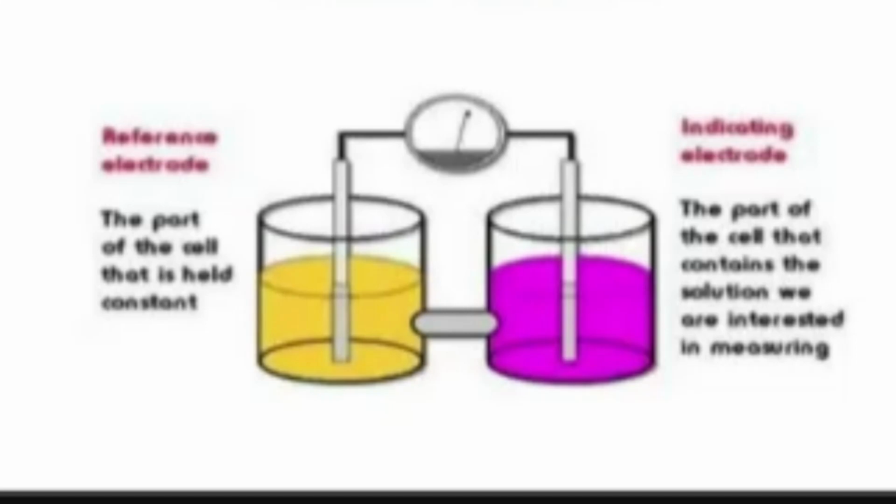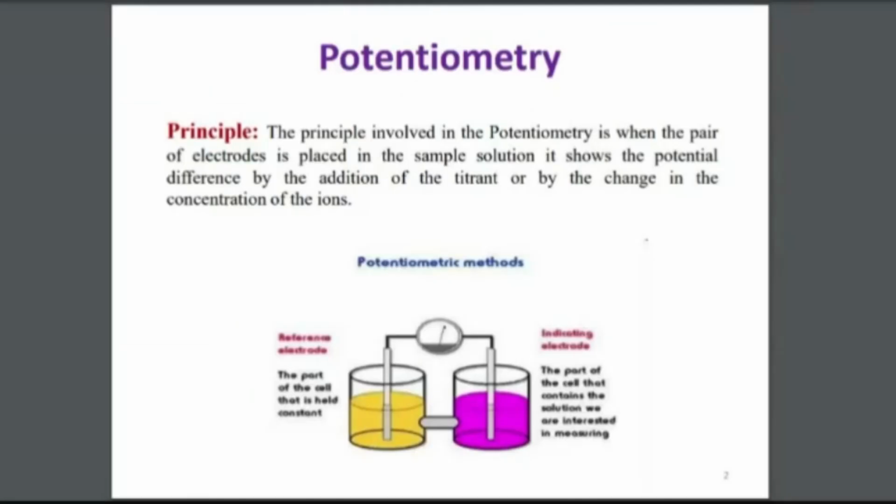Now, when we say potential, it has to be with reference to some other solution. So take a fixed standard solution. Against that solution, you measure its potential. If you change the concentration of your solution or you change the composition of the ions present in the solution, the potential associated with the solution will change. As simple as that. Okay.